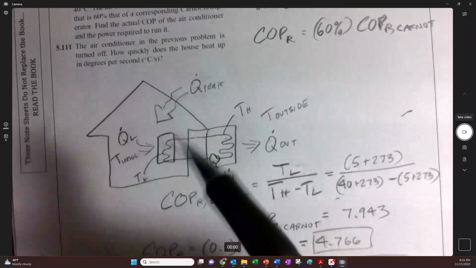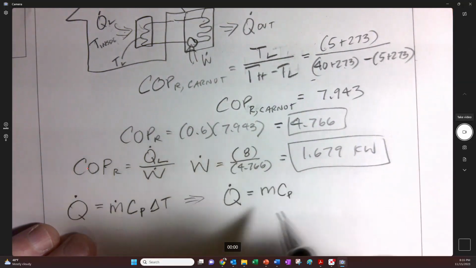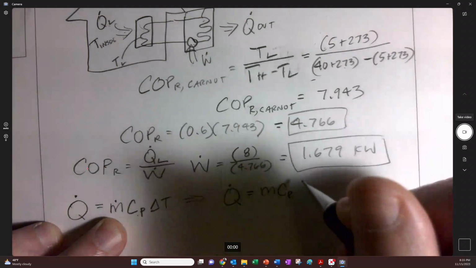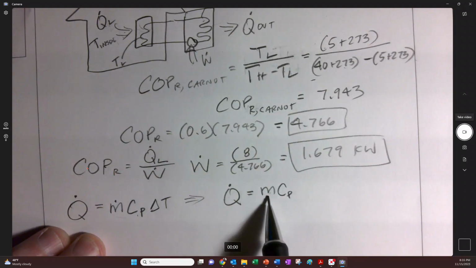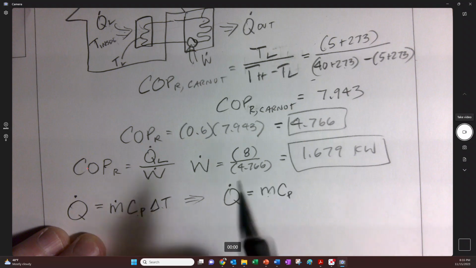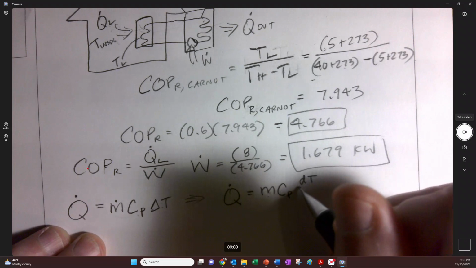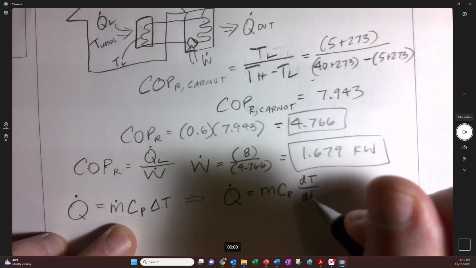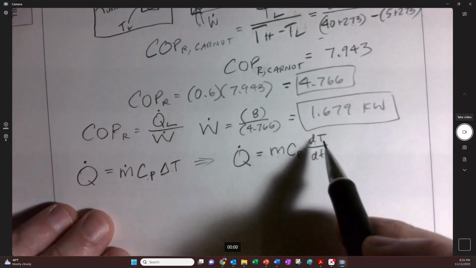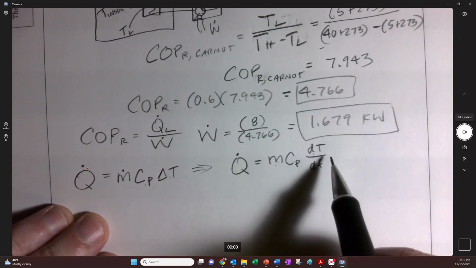So now we're going to say, well, how fast is this thing going to heat up? We can go, here's our CP, and I kind of figure this as being a solid. And now instead of a mass flow rate, it's just a given mass, times our temperature change. So this is dT right here, and that's what we're looking for: the rate at which the temperature changes.